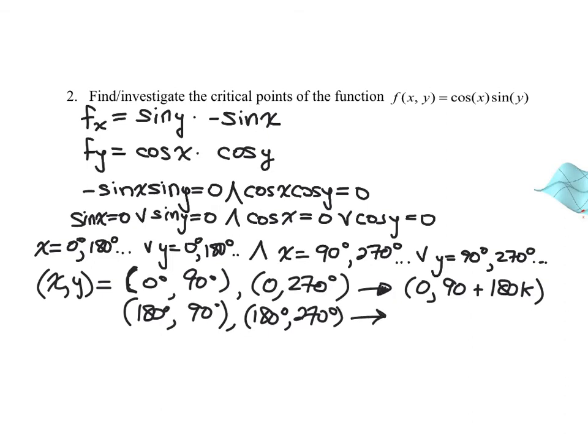All right, so then I would be saying, instead of 0, 90 plus 180k, I'd be saying 180, 90 plus 180k.